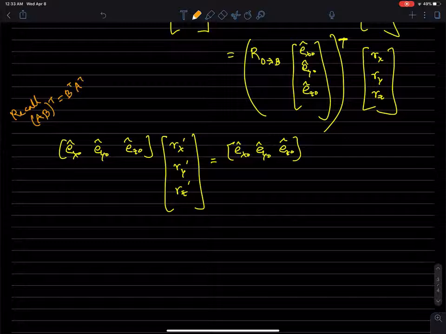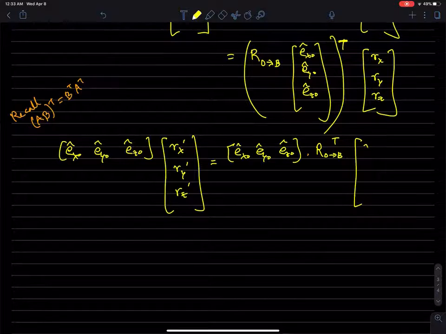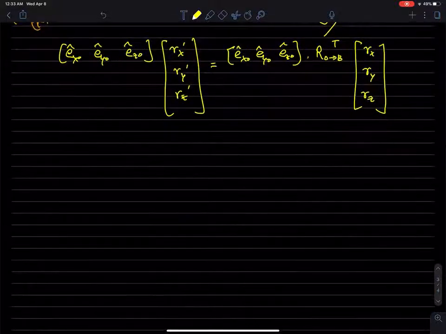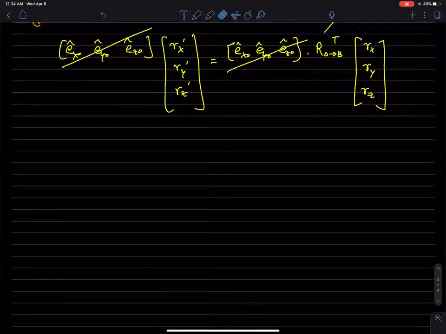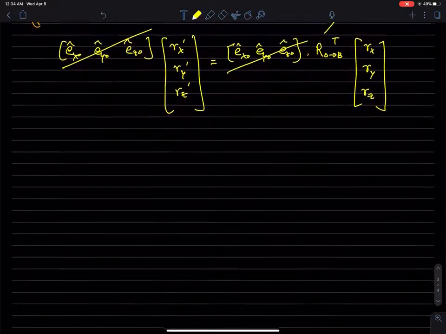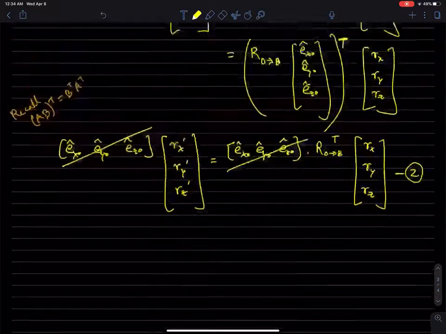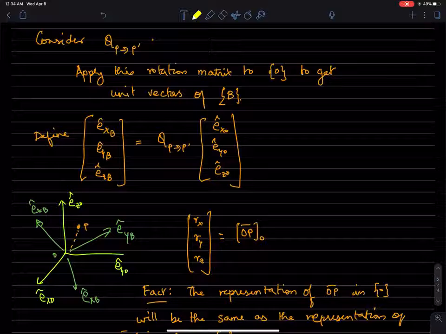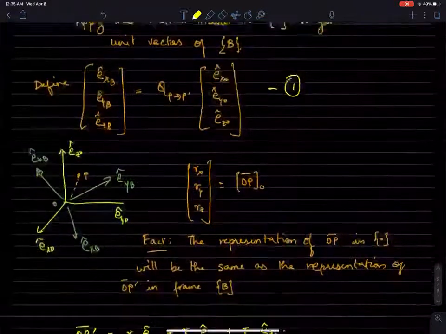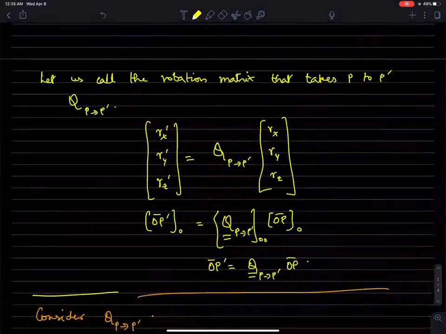So that's what we are using here, times R 0 to B transpose Rx Ry RZ. You can sort of cancel these guys. So let's call this equation 2, and this guy is equation 1.